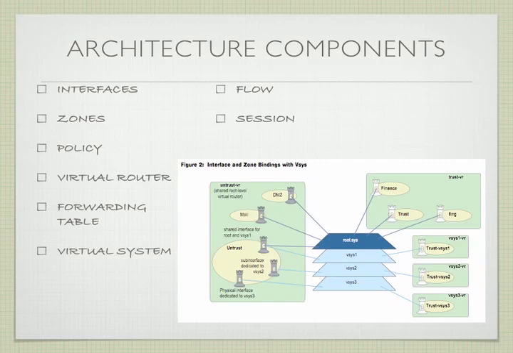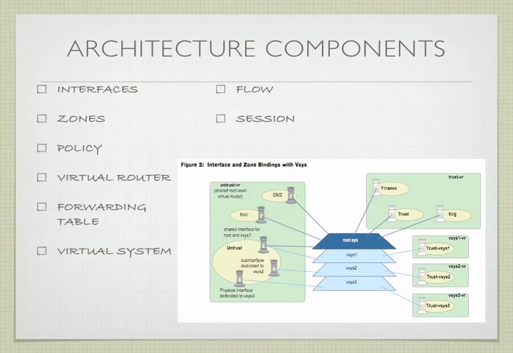and then each of the zones gets assigned to a virtual router, and each of the interfaces get assigned to zones. Inside the system, then, we have collections of objects that are seen as being part of the same entity and collected together.